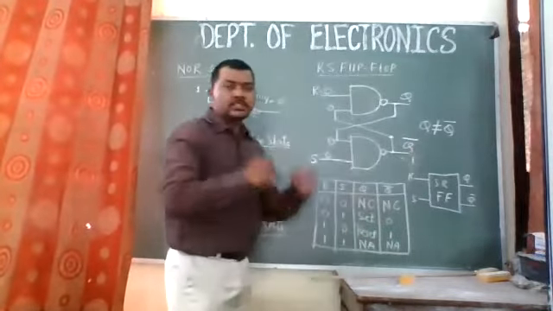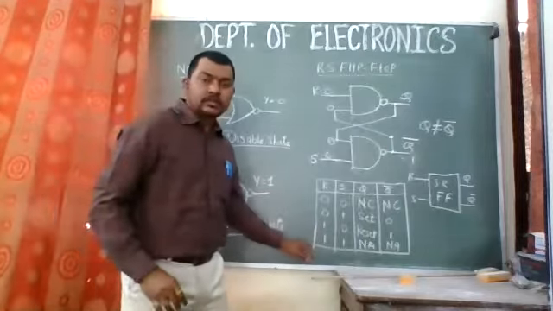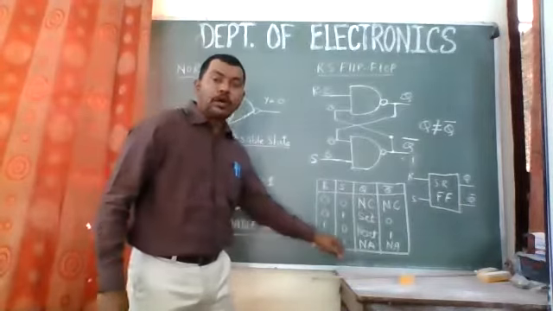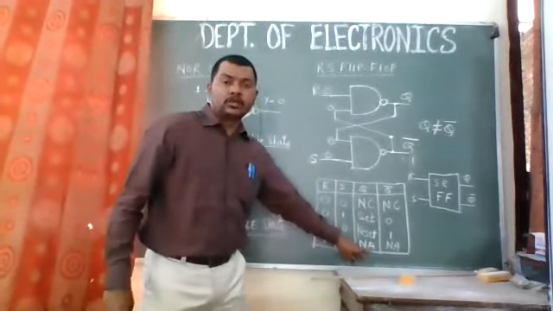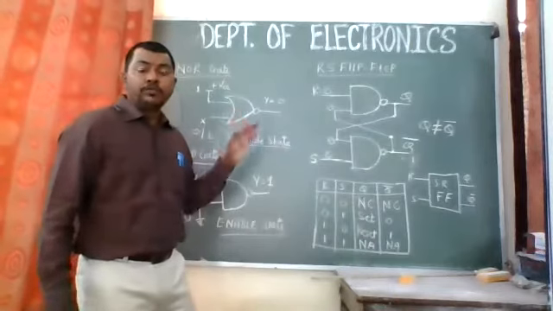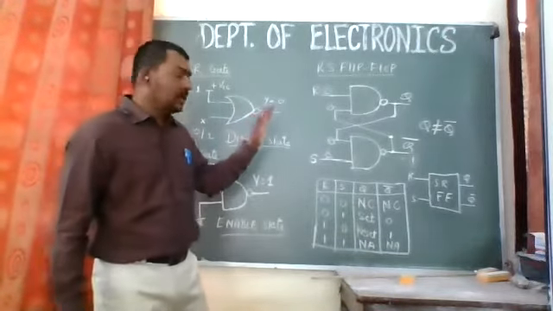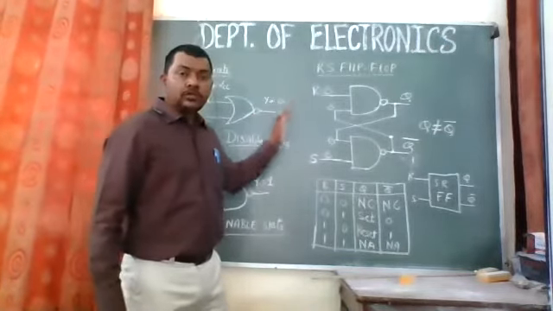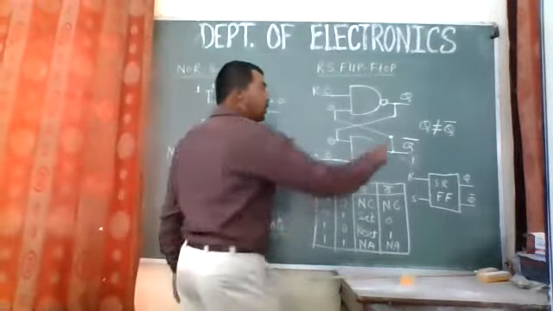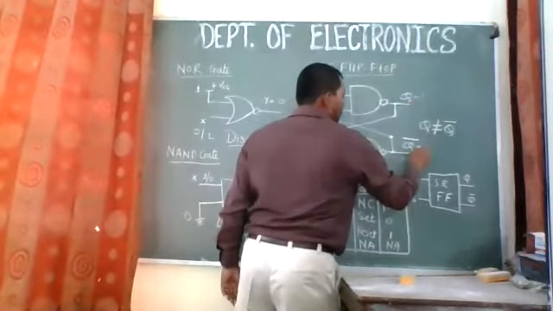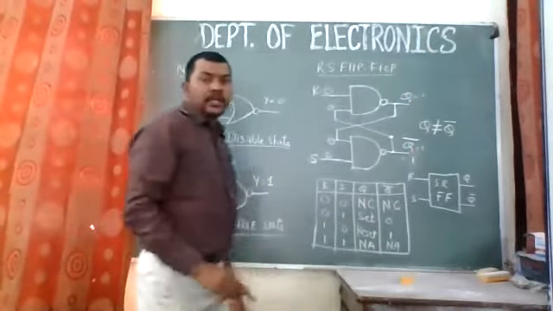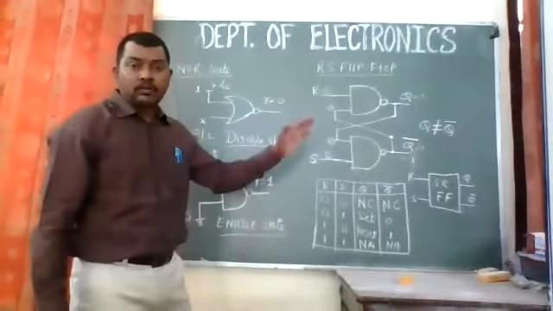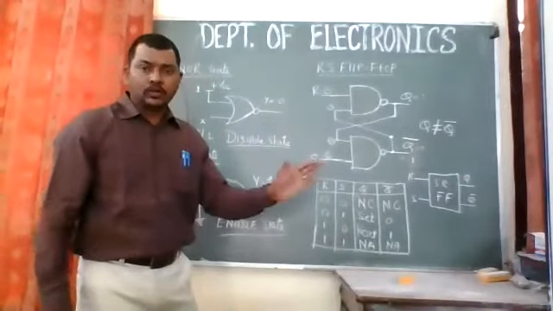Now here it is just a reverse of that. In the flip flop which we designed using NOR gates, the last state, 1 1, was the not allowed condition. But in the circuit in which we are using NAND gates, when R equal to 0 and S equal to 0, the outputs of both the gates are equal to 1, which shows that Q and Q bar are equal, which is actually not allowed, right?